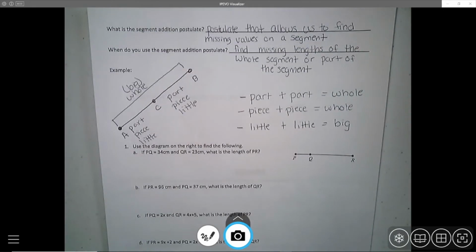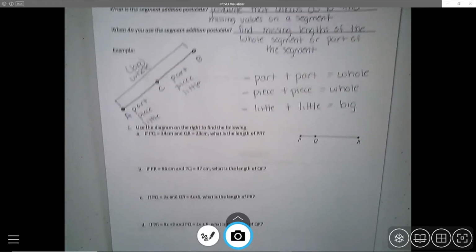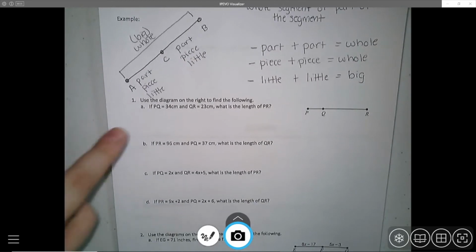Now, if we start to look at these problems, the first thing I'm going to tell you about segment addition is if you have multiple problems dealing with the same picture, redraw your picture. This first problem has 4 parts that deal with the same picture.